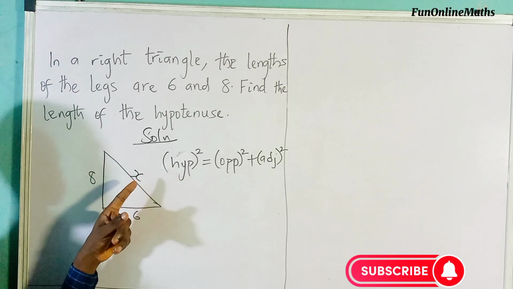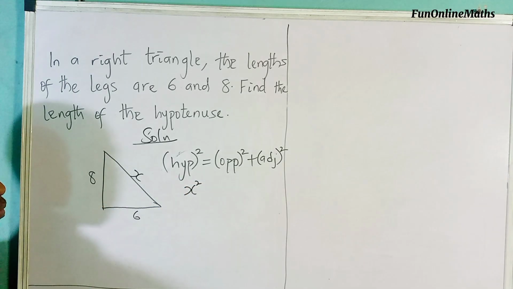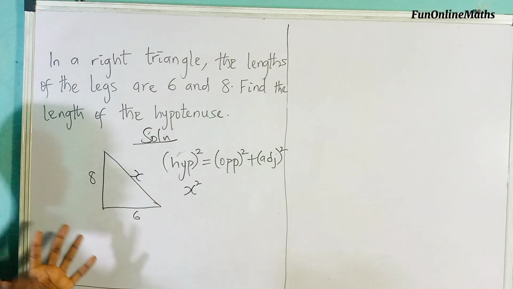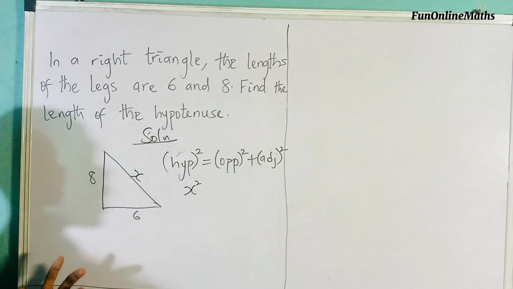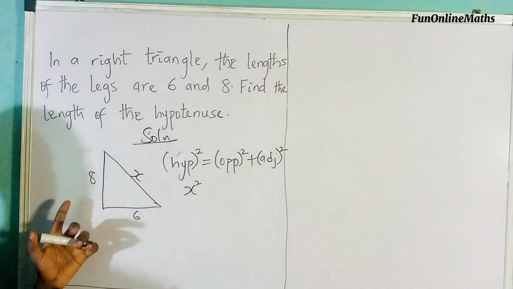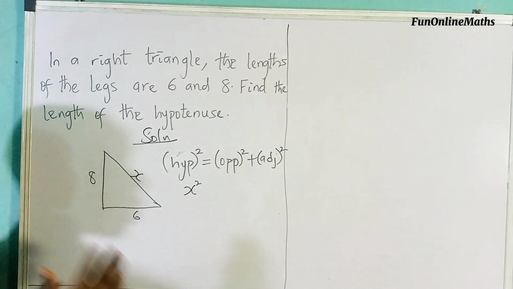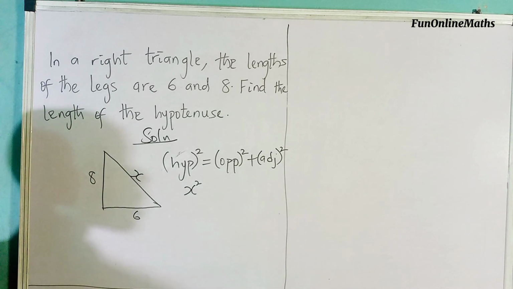What is our hypotenuse? We call it x. So this is x squared. What is our opposite? In this case, since we don't really have the angles placed, we might not be able to say, okay, this is opposite or this is adjacent. But I'm just going to pick any of them as my opposite and the other as the adjacent.